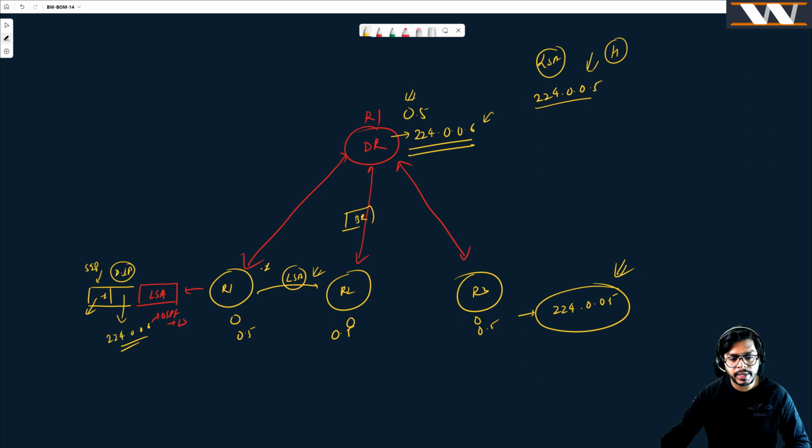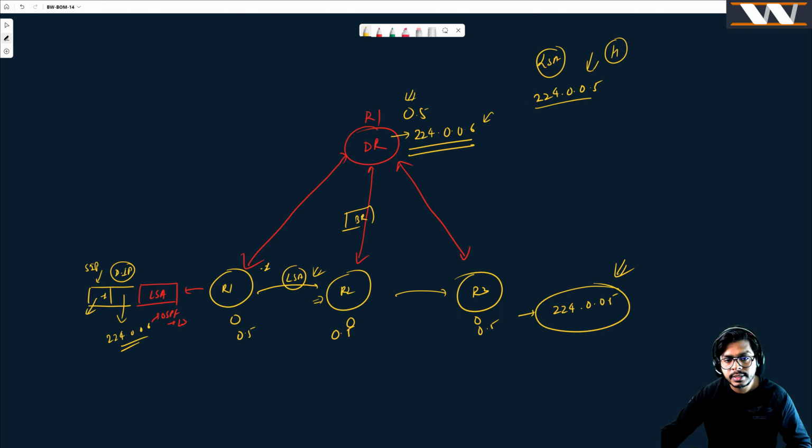This IP packet is going to reach R2. R2 is going to see, okay, it is for 224.0.0.6. I am not listening on this, and that is why I'm just going to discard it, right? Similarly here. But you must be thinking that if the flooding is happening this way, then what is the purpose?